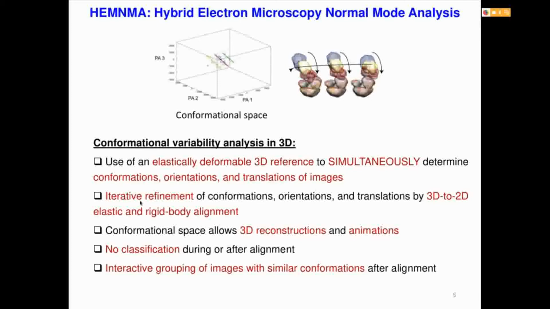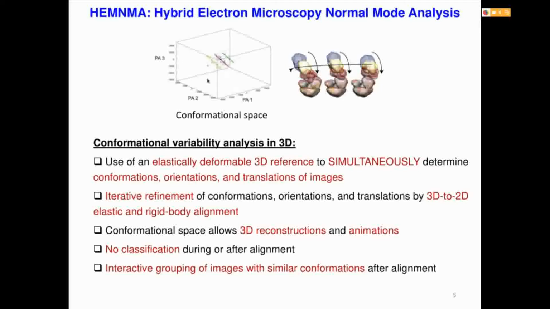This is performed by an iterative refinement of all these parameters through combined 3D to 2D elastic and rigid body alignment. So at the end, you get a representation of all images in a common space that we call conformational space or landscape.